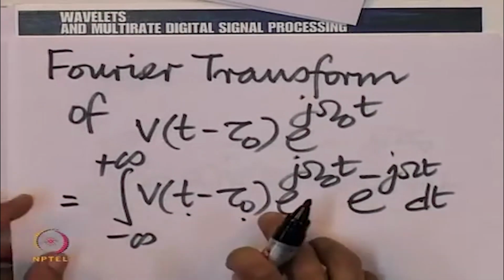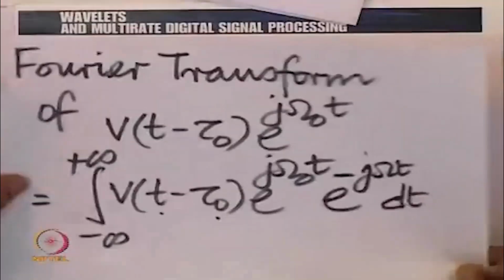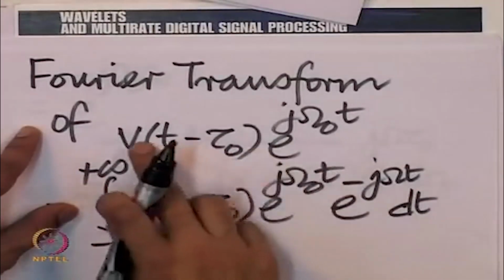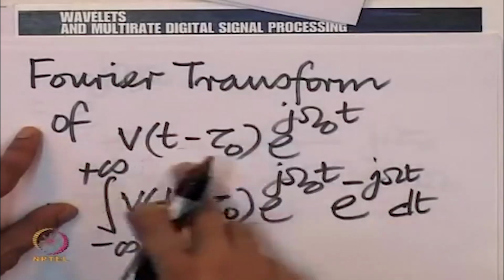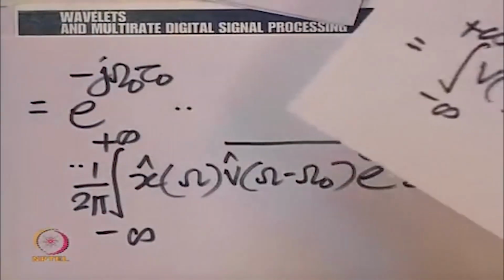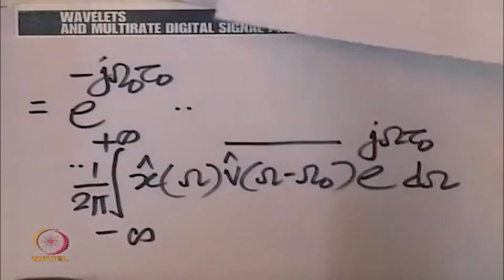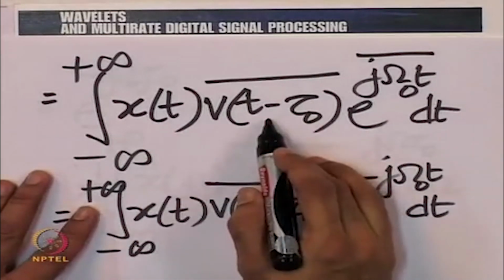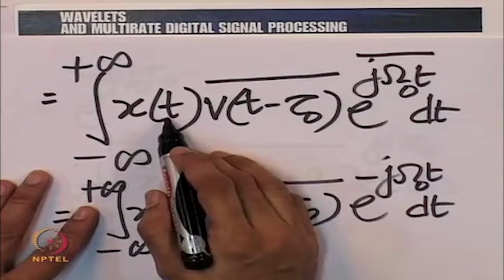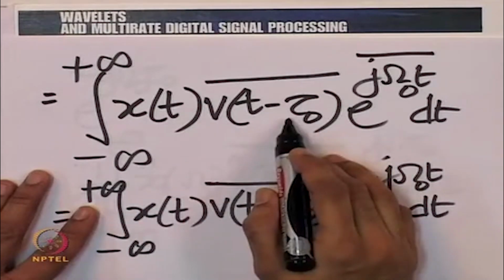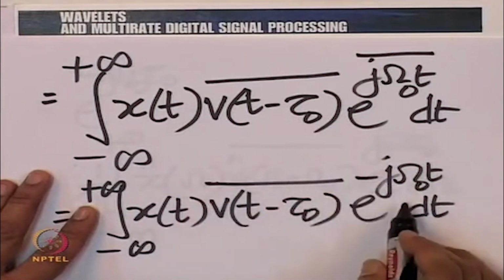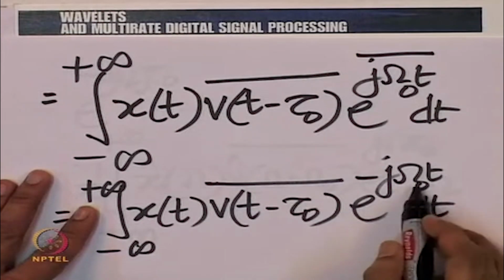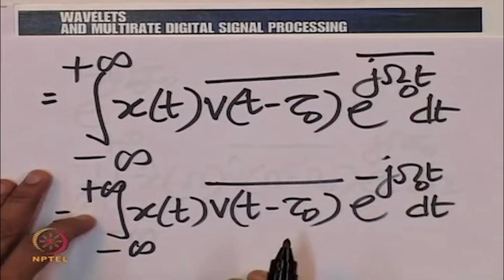Before, we had this essentially as a time expression, and with this time expression what we did was the following. We multiplied x t by a translate. So, we extracted information of x t around the point t equal to tau naught, and then took a Fourier transform at the point omega equal to omega naught.